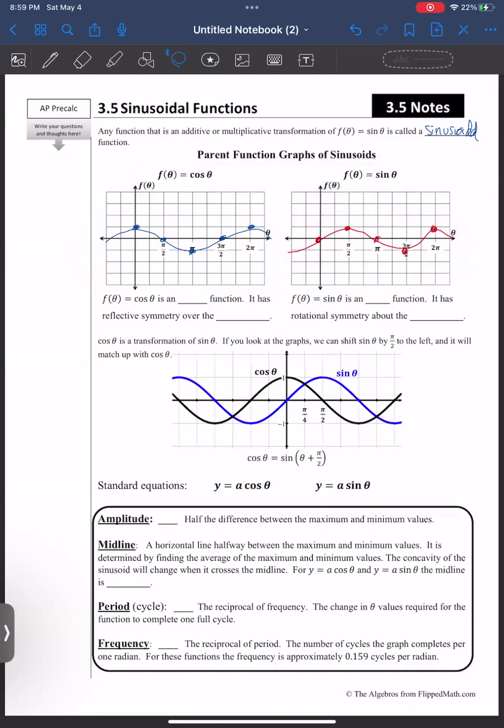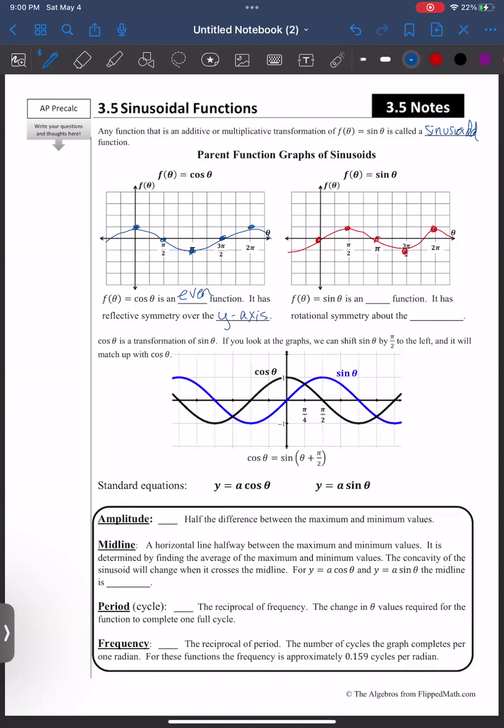Okay. So what that tells me is that this f of theta equals cosine of theta is an even function, because it has reflective symmetry over the y-axis. So if I were to basically fold my cosine function over the y, I would get a matching function on the other side.